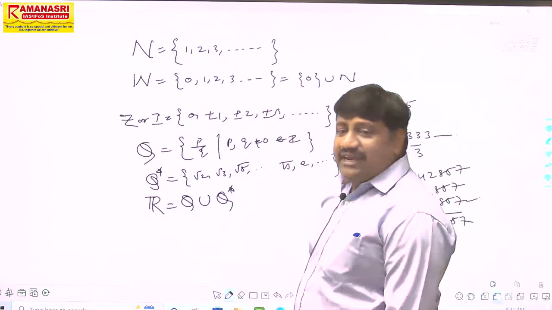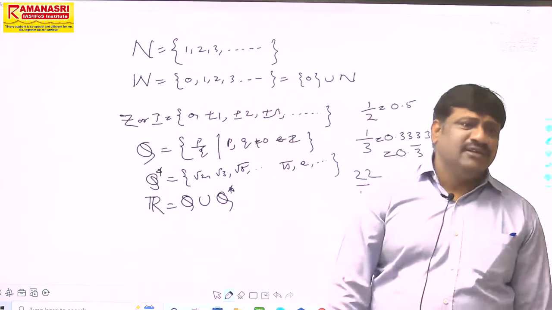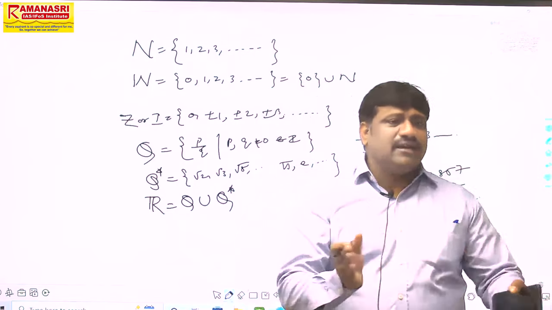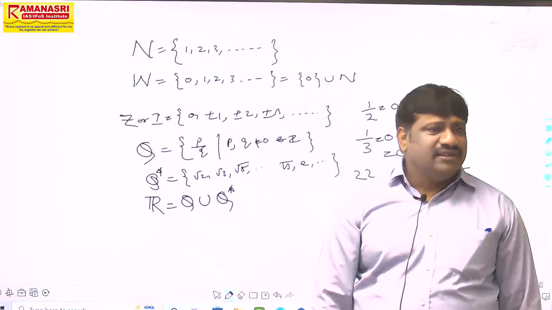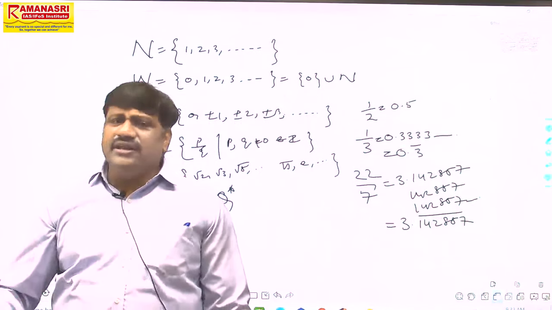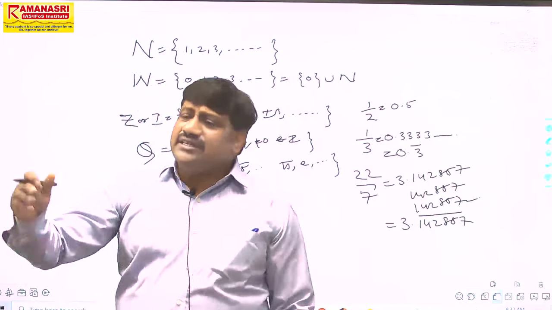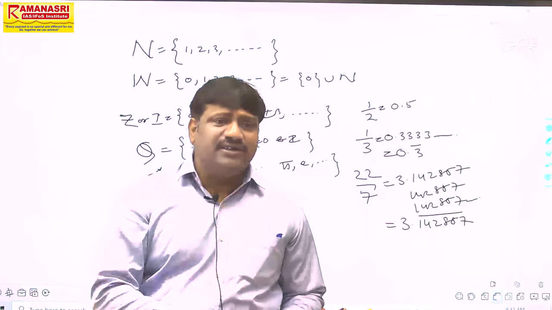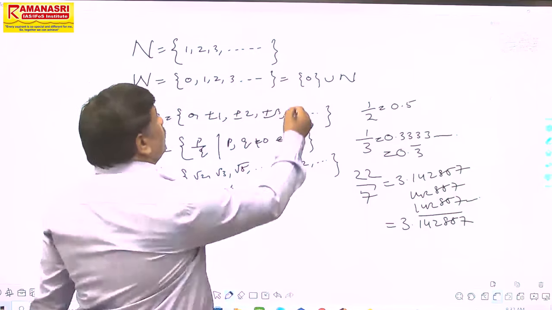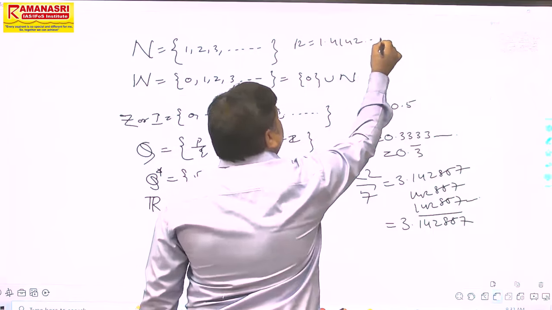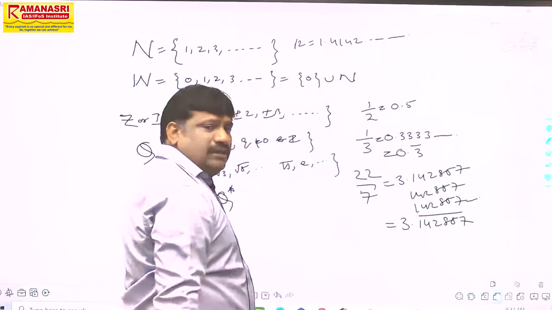The irrational numbers are what? Numbers exactly opposite, neither ending nor recurring. There is no in between, like white and black, day and night only. Irrational number is nothing but the numbers that are neither ending nor recurring. The digits come randomly, there is no pattern. Take root 2. Root 2 is equal to what? I can say 1.4142 and so on, up to 4 decimals only.